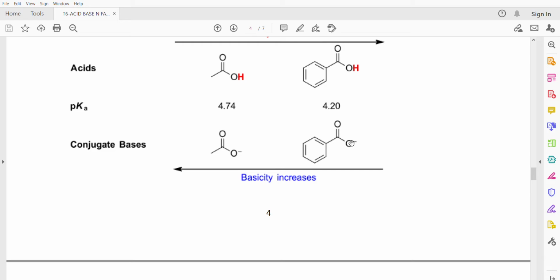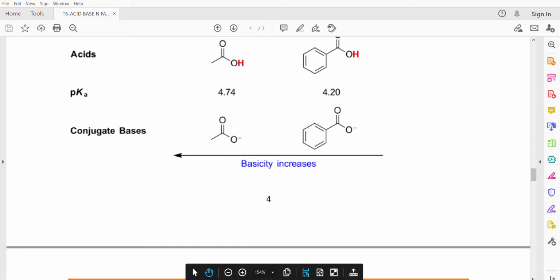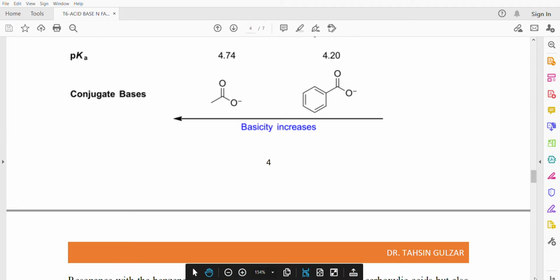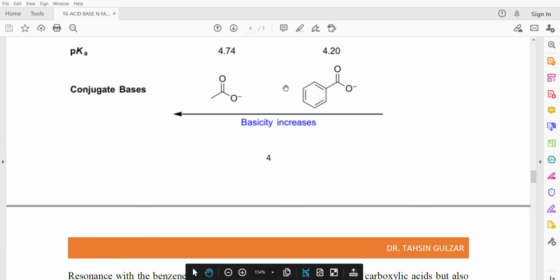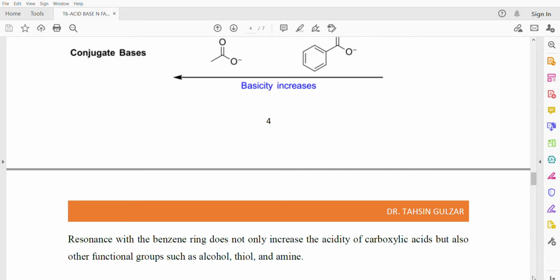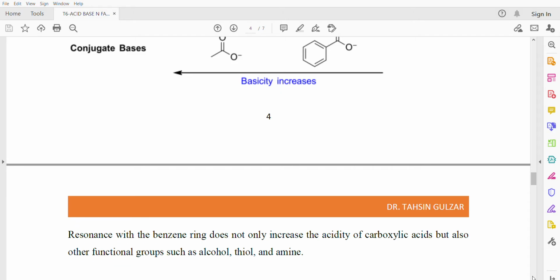It is not as easily available as in the acetate anion, because there it is delocalized only over two oxygens, but due to the benzene ring it is further delocalized in the aromatic system. Five centers are involved in delocalization, but in the acetate anion only two, so it is easily available in the acetate anion, so it is more basic as compared to the benzoate anion.